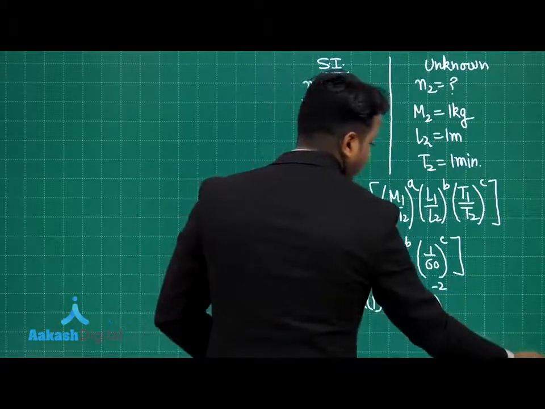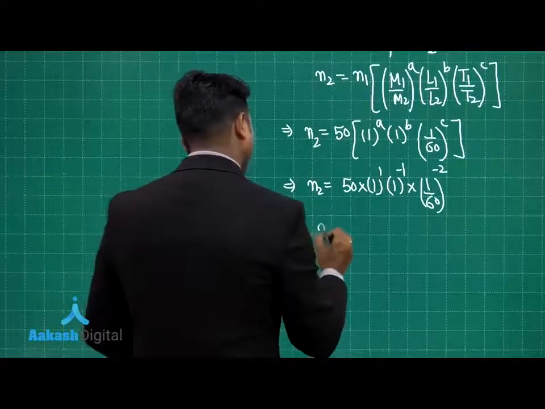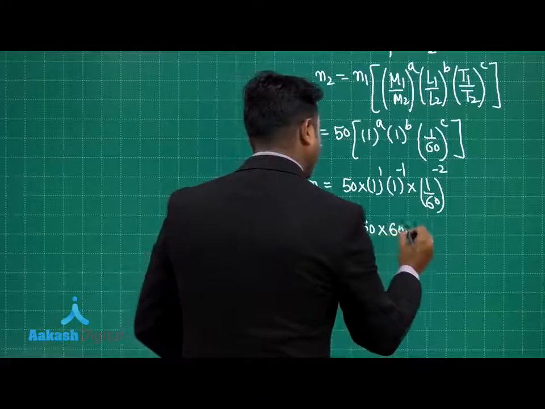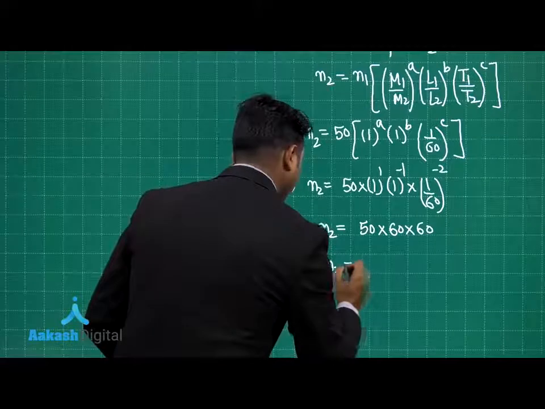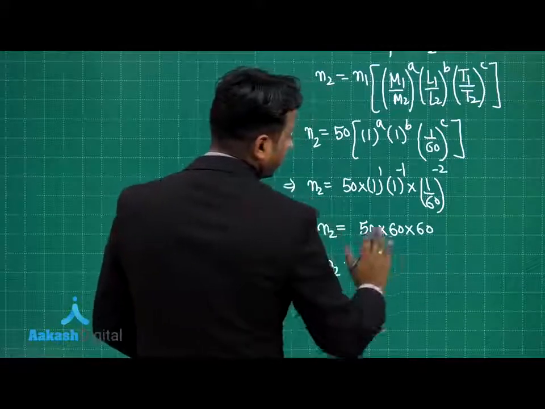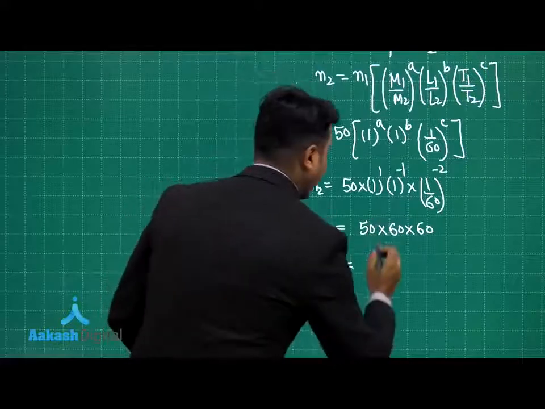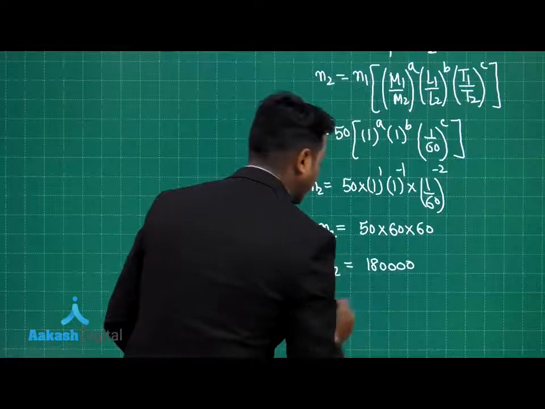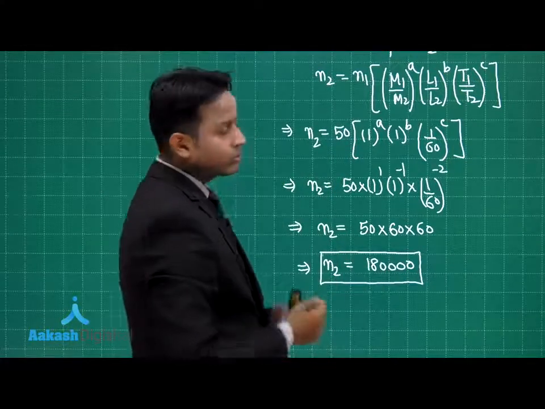And this is going to give me N2 value is simply 50 into 60 into 60. And this N2 you can calculate, this will come out to be 5 into 6 is 30, 3 into 6 is 180. So this is 180000. So this is the new number in the new unit system that we want to calculate.